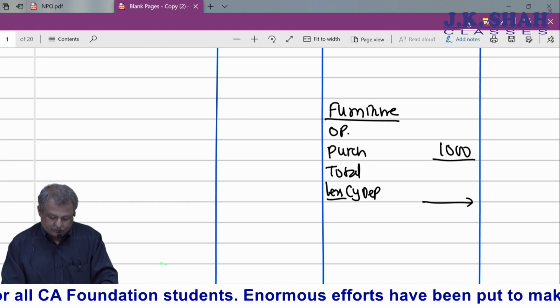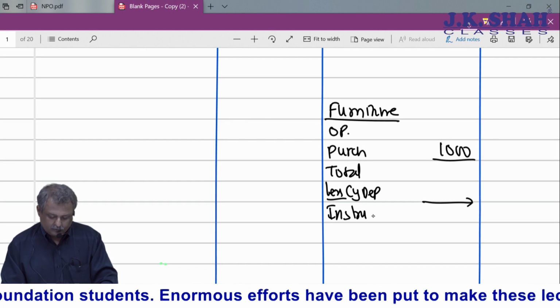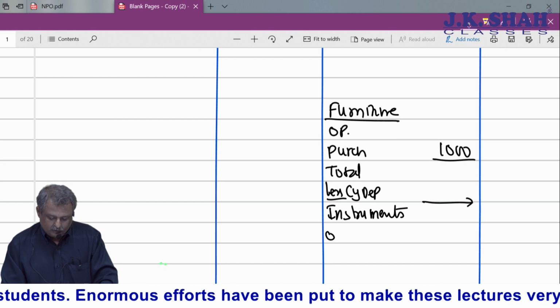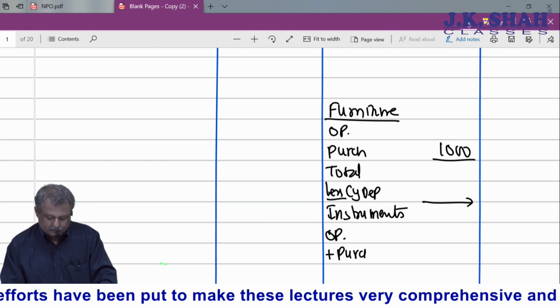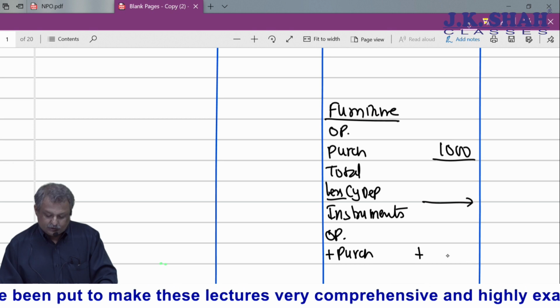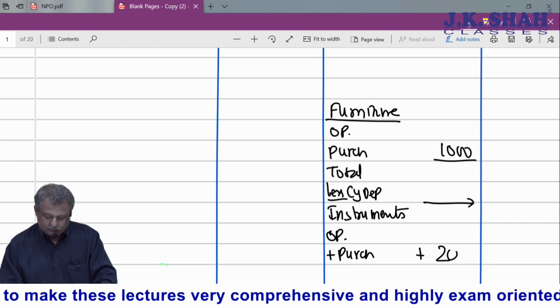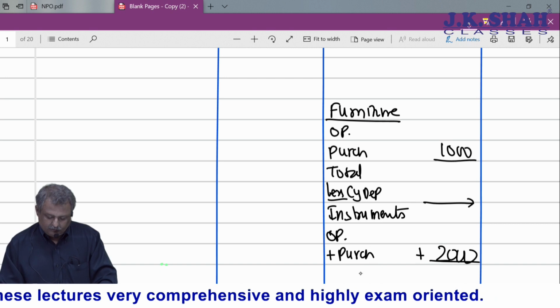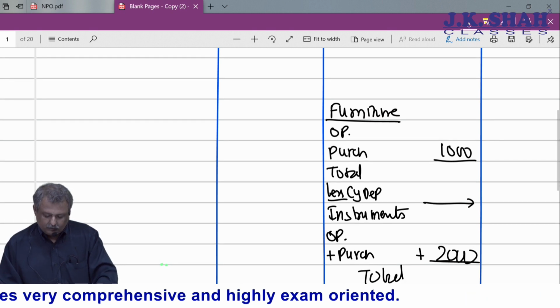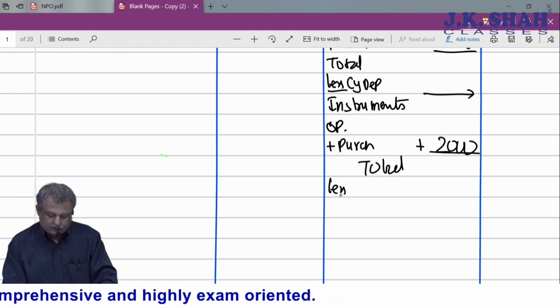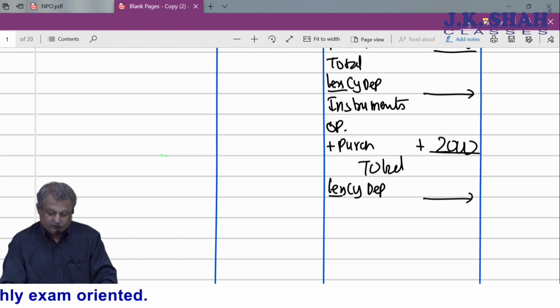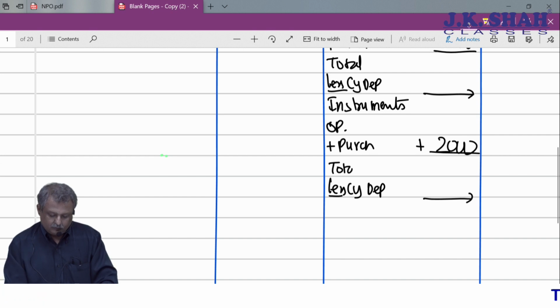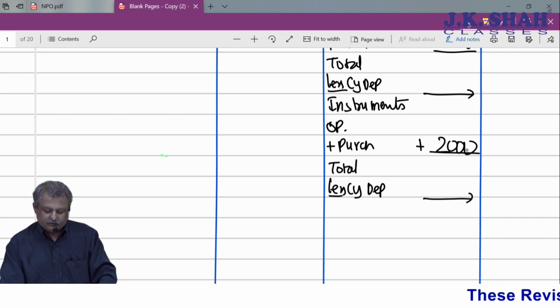Similarly, instruments. There will be opening balance, add purchase. Purchase is 2000. Then there will be total. Then less current year depreciation. That we don't know at present.